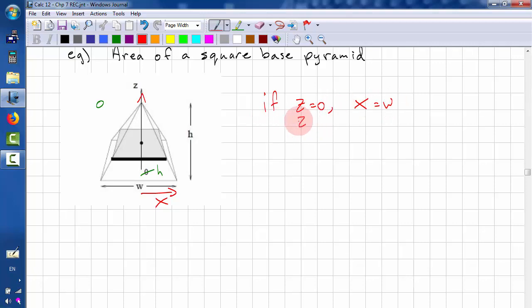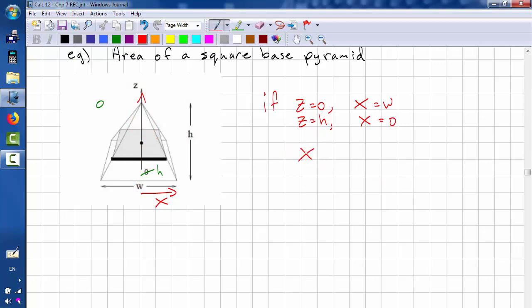If z equals h, our width is 0. Remember, w is a constant. It doesn't change. x is our variable, so it changes from w and goes all the way down to 0 as z goes from 0 all the way up to h.